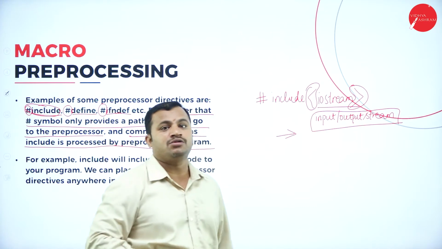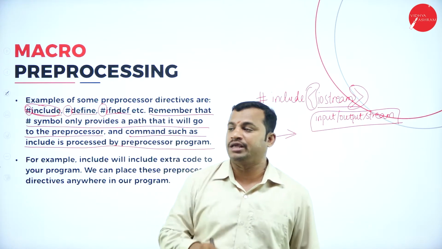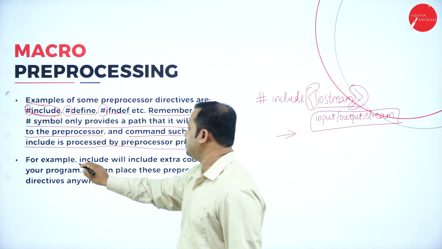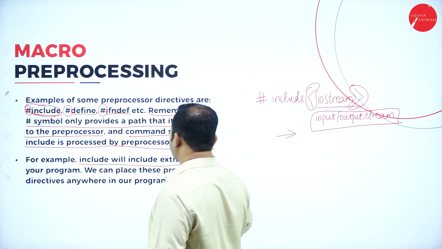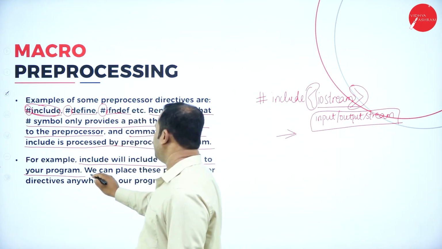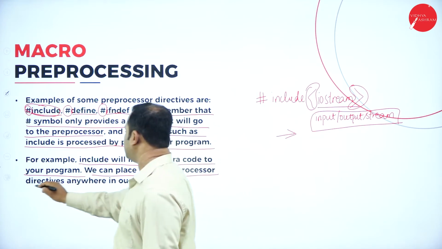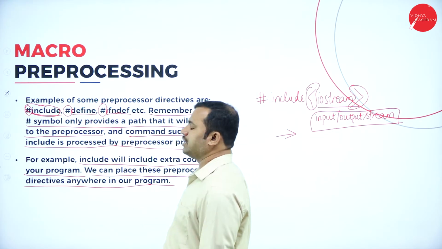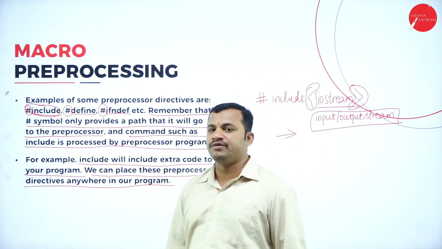That is why we use iostream there. Include will add extra code to your program. We can place these preprocessor directives anywhere in our program.